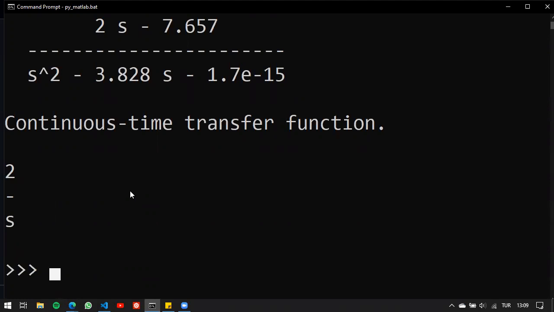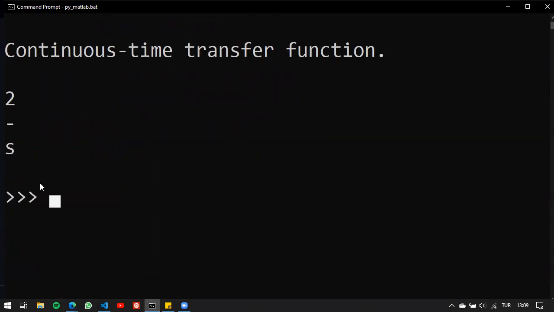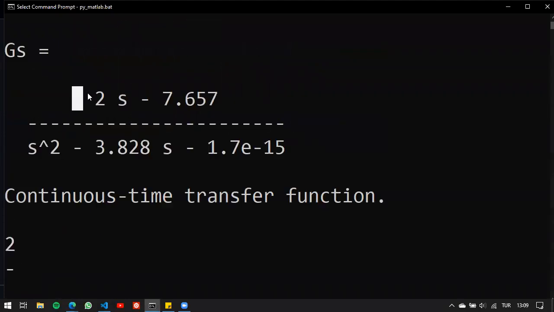Now, it is really interesting to note that the symbolic toolbox gave me 2 divided by S, whereas MATLAB gave me 2S minus 7.657, etc.